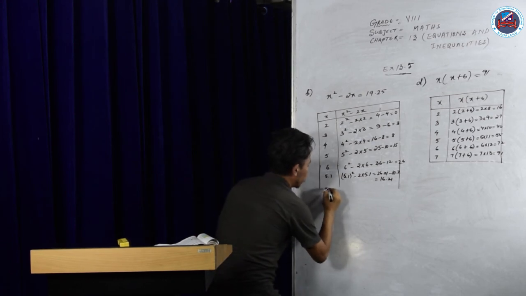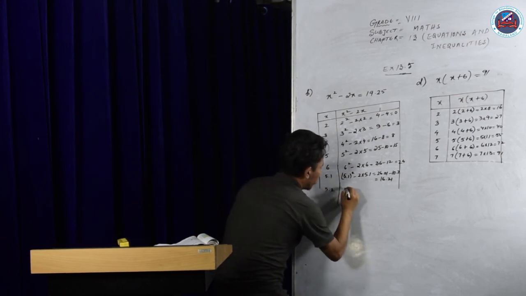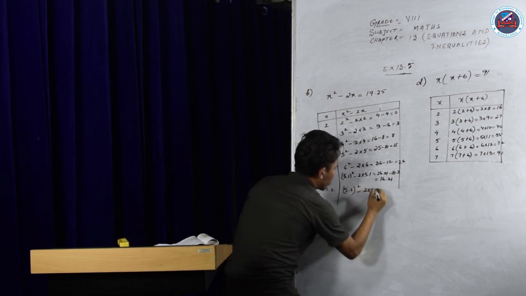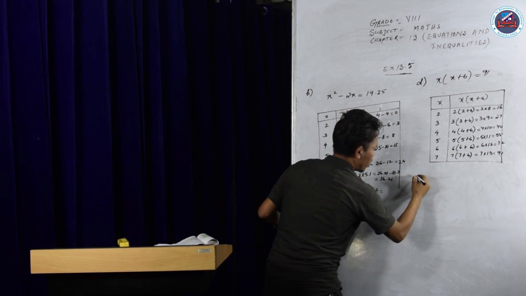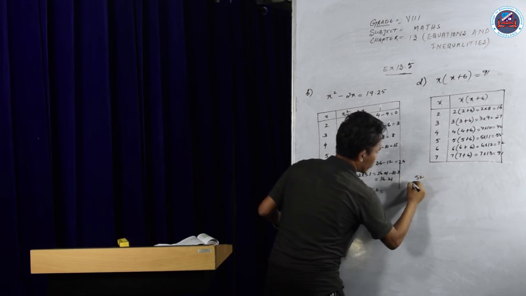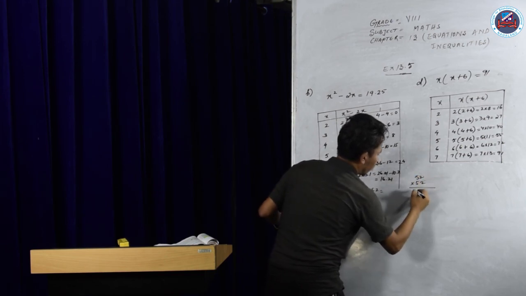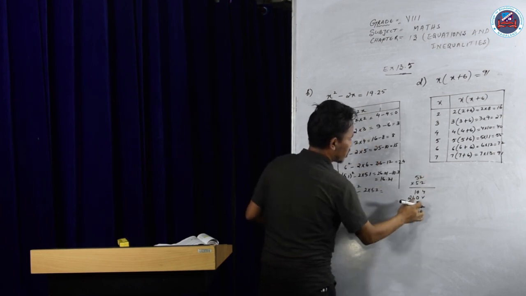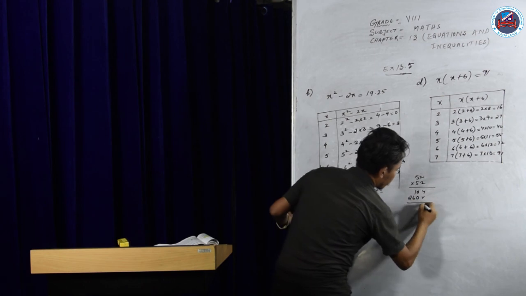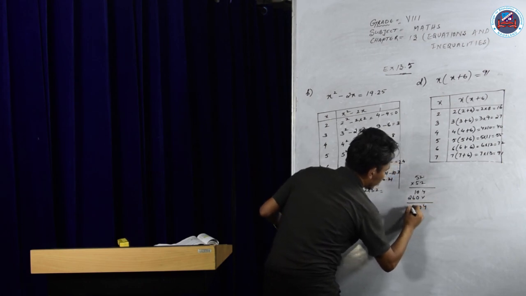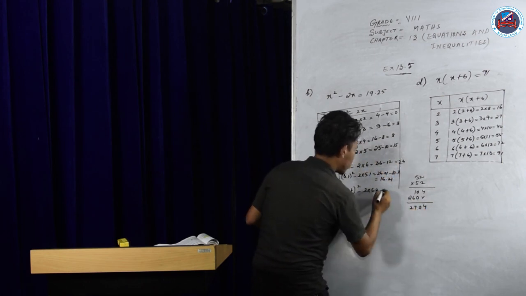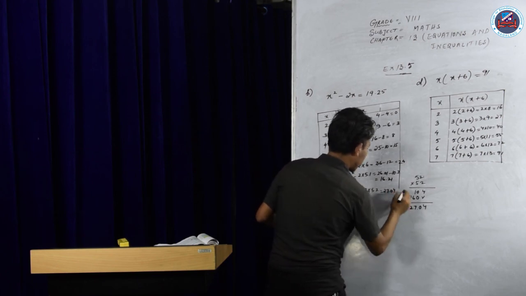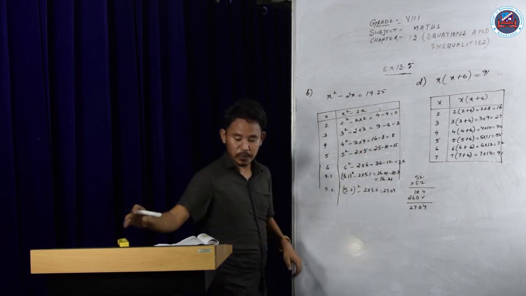So 5.2 the whole squared minus 2 into 5.2. Let's follow the same method. 52 into 52 gives us 2704. It is 27.04.